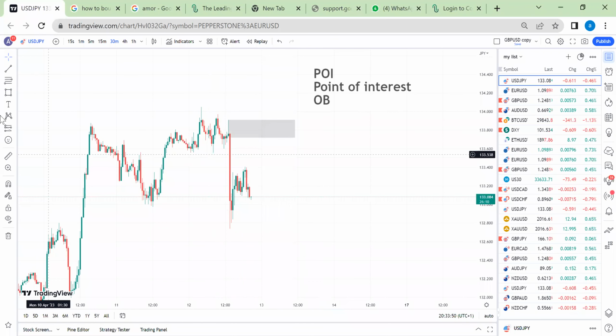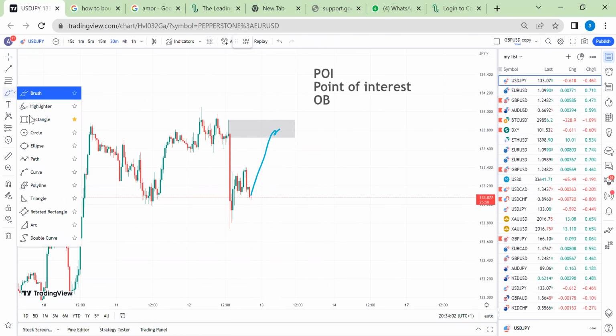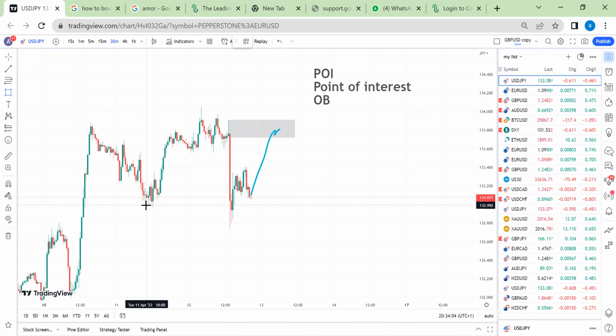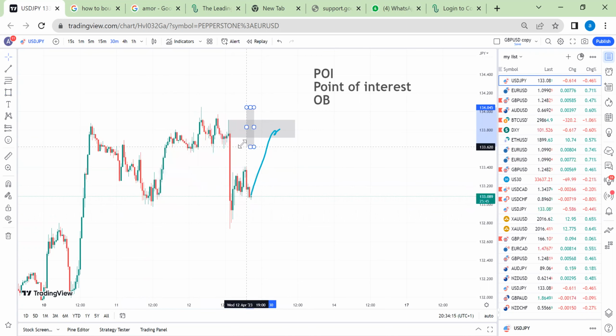So it's safe for you to say, if other criteria are met, if price should rise to this order block, this is going to serve as your supply zone, because this is where the structure broke to the downside. So you can decide to refine it to just this order block. So that's what order block is all about.